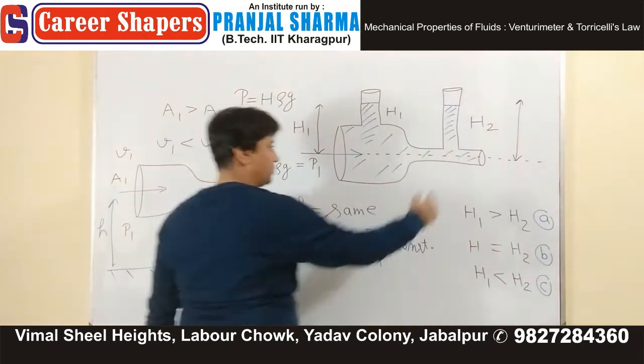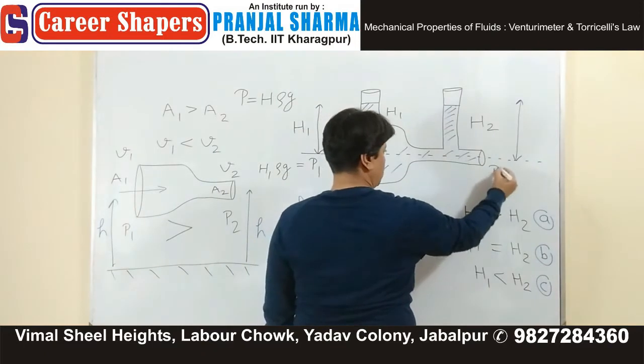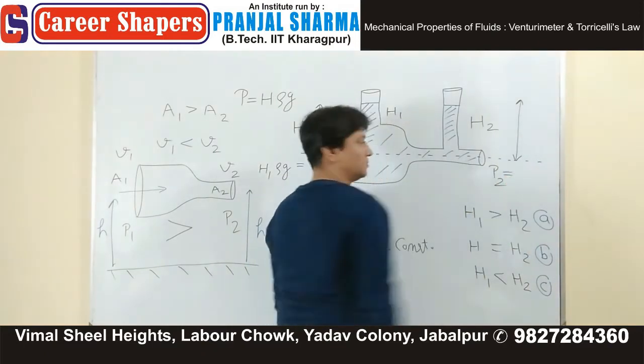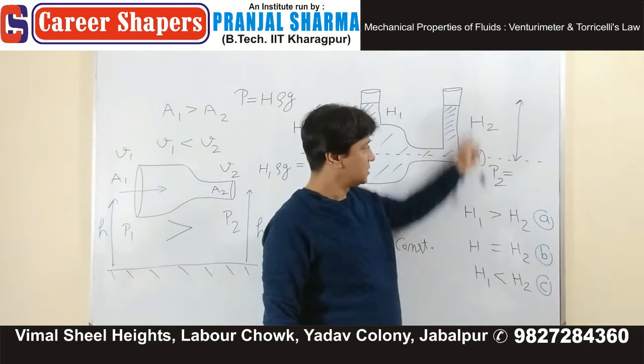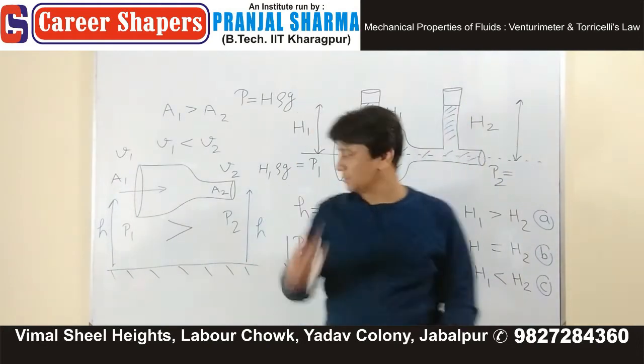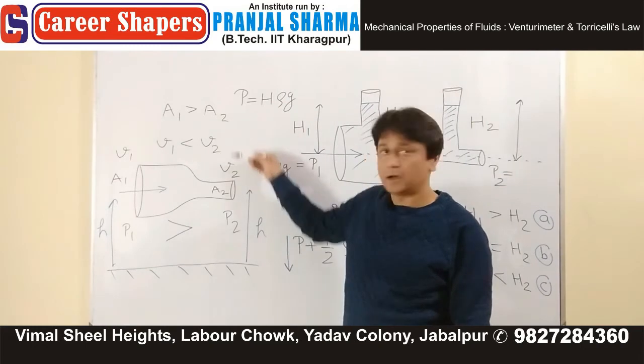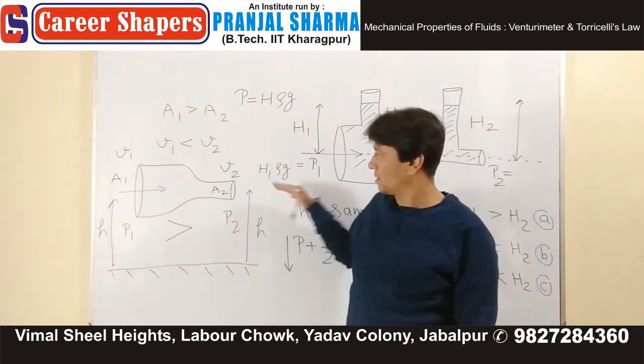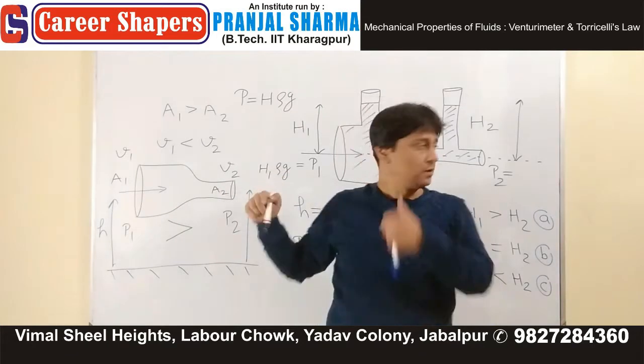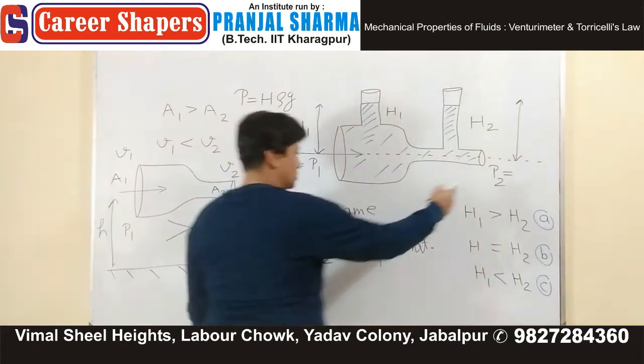Similarly, pressure at this place is what? P2. This height, we're not talking about this H. We are talking about height above the axis of the water tube. This P2 is what?